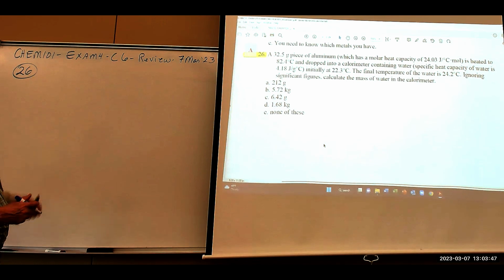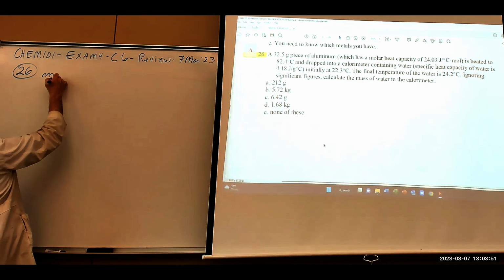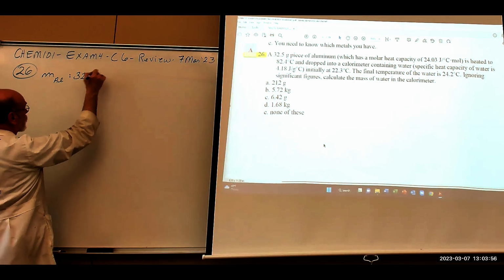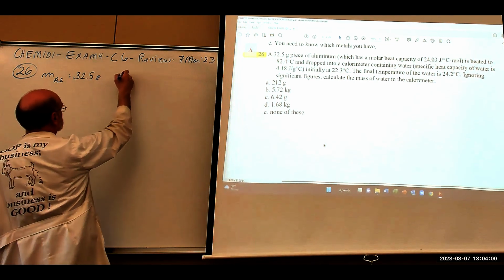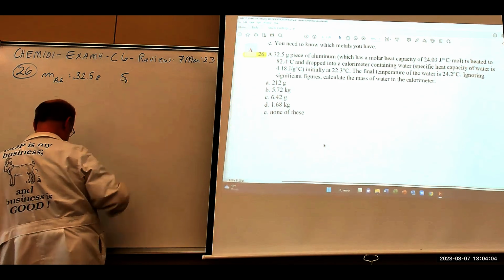So we've got a mass of aluminum at 32.5 grams with a molar heat capacity. I'm going to put, no, it's not right.